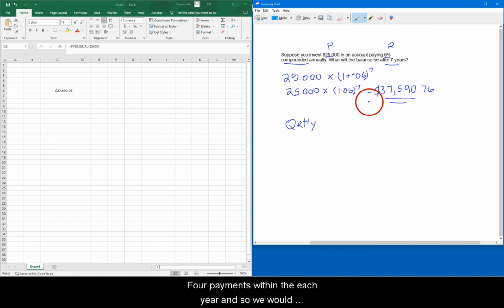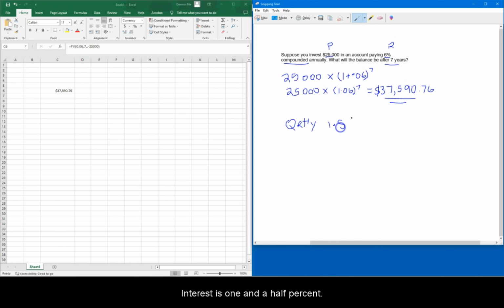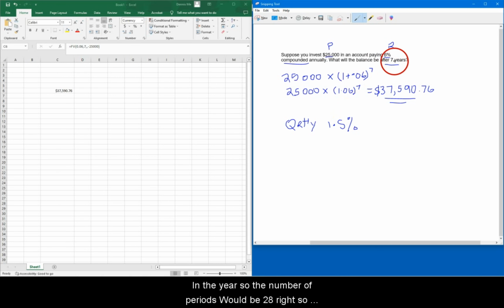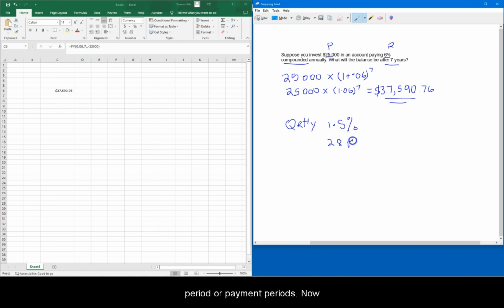And so the 6% divided by 4 gives us 1.5%. Interest is 1.5%, paid quarterly, and there are 4 quarters in the year. So the number of periods would be 28, all right? So instead of 7 years, it would be 28. 4 times 7 is 28 payment periods.